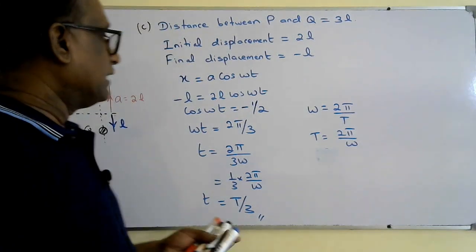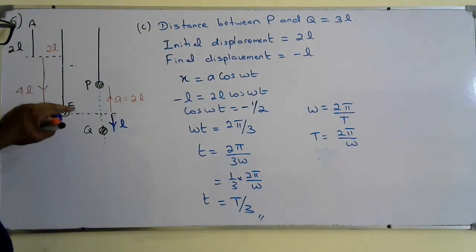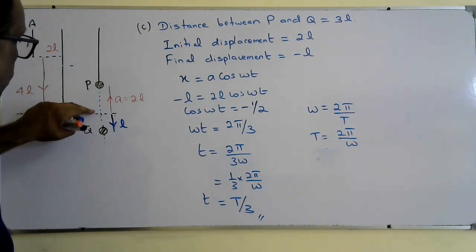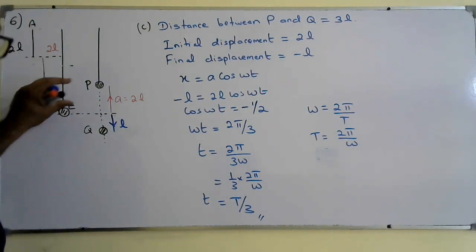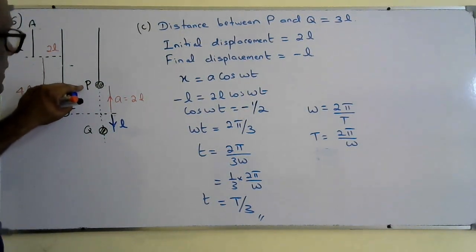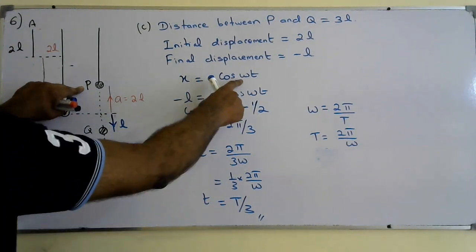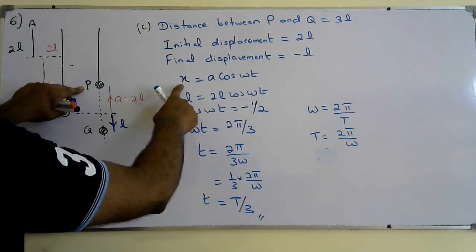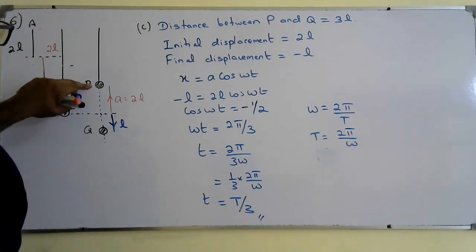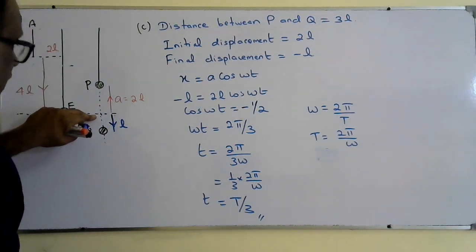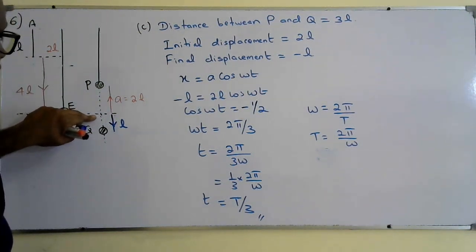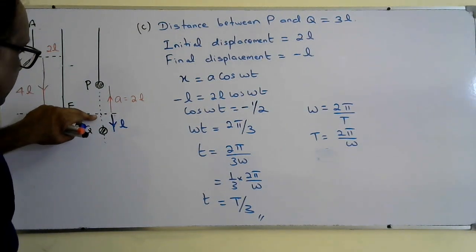Or you can find it like this: what's the time taken to move from P to O? You can find it separately as T1, by using x equals a cos omega t. For x you can put 2L and find the time taken to move from P to the equilibrium position. Then how long will it take to move from the equilibrium position to L?